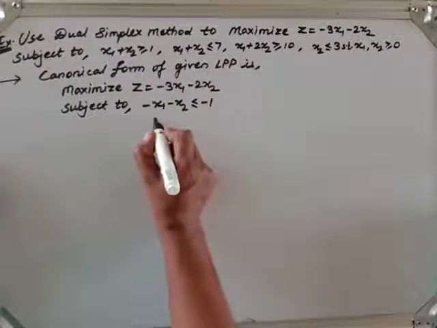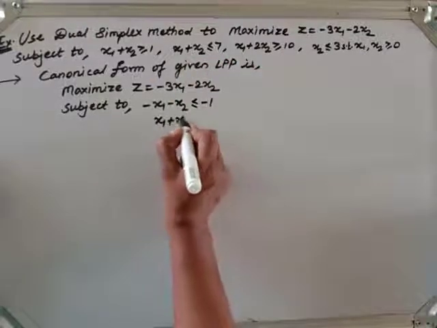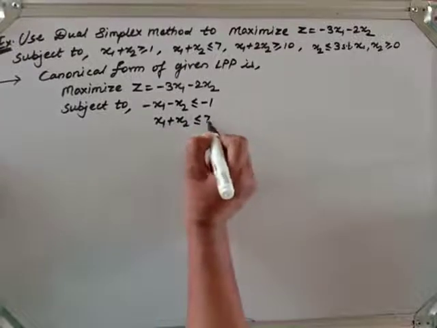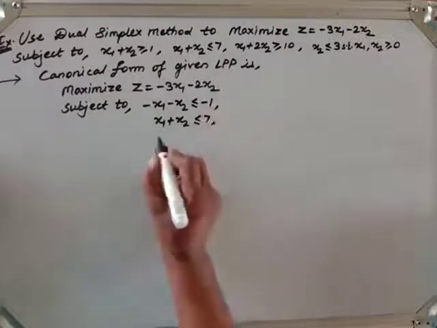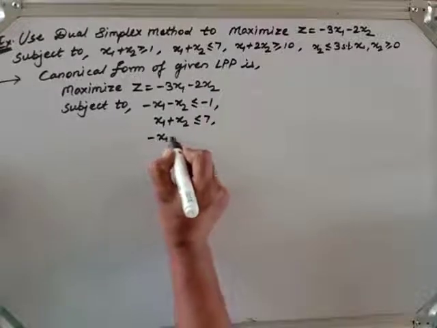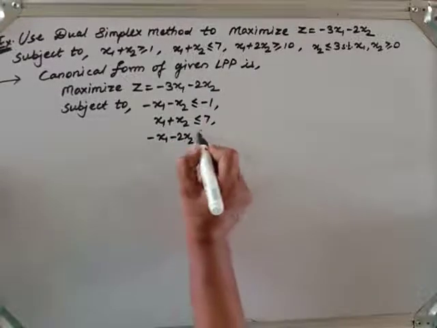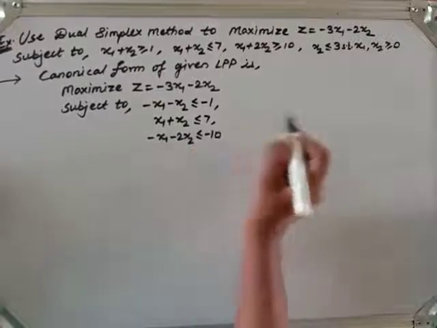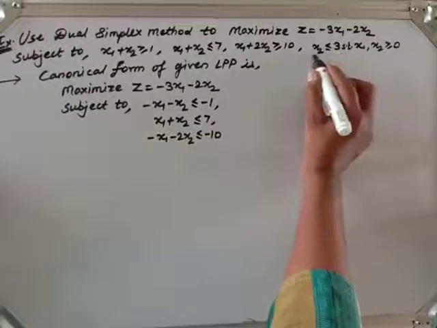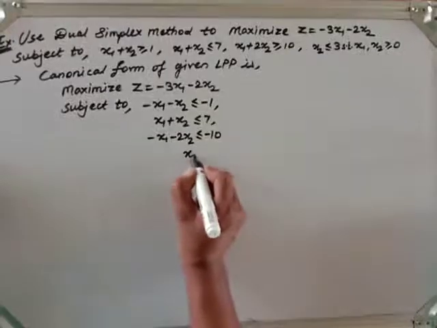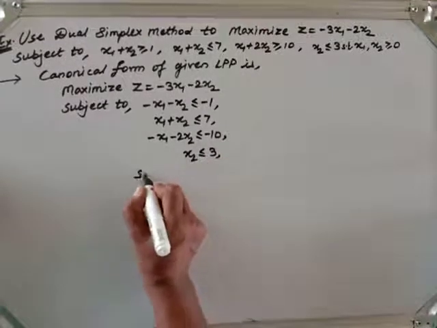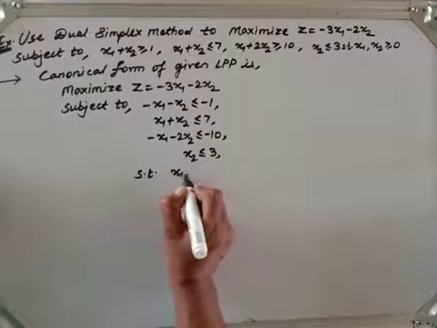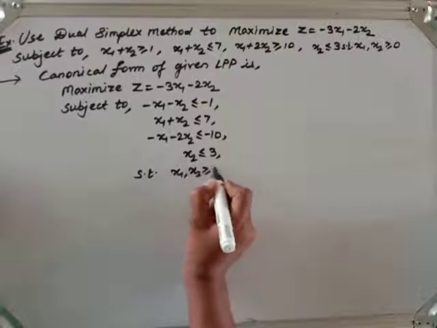The second constraint is already of less equal type, so we keep it as it is. The third constraint is again of greater equal type, so multiply throughout by minus 1: minus x1 minus 2x2 less equal minus 10. The fourth constraint is of less equal type, that is x2 less equal 3. These are our constraints such that x1, x2 greater equal 0.